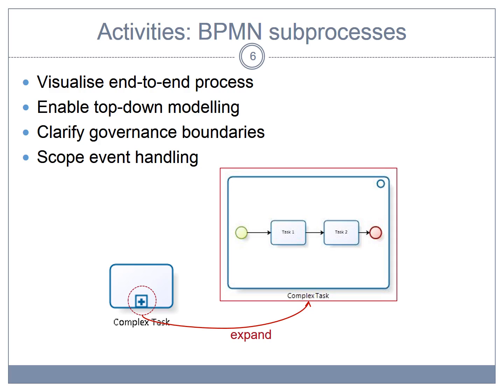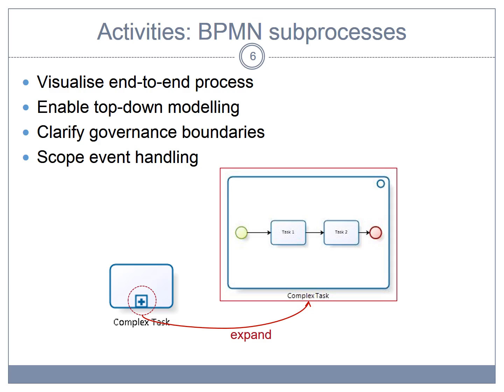So it allows you to do top-down modeling, where you have coarse-grained subprocesses at the top, and then you can move down into the decomposition hierarchy and have more fine-grained defined processes at the bottom of your hierarchy.